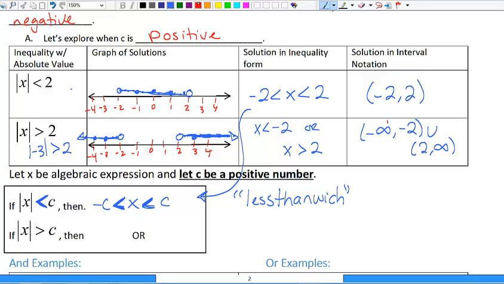Now that's not the same as when the absolute value of x is greater than c. Like on the second example, we see that it turned out to be an OR problem. We either have x is less than negative c or x is greater than positive c. Notice that the second inequality is like the original, just with no bars.